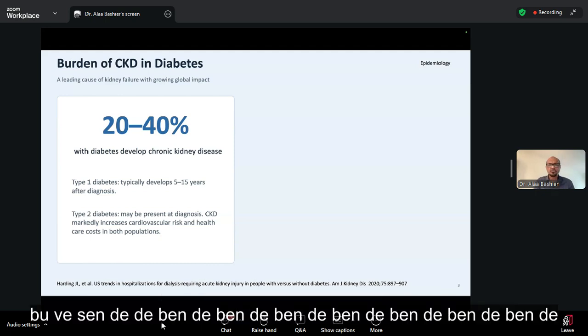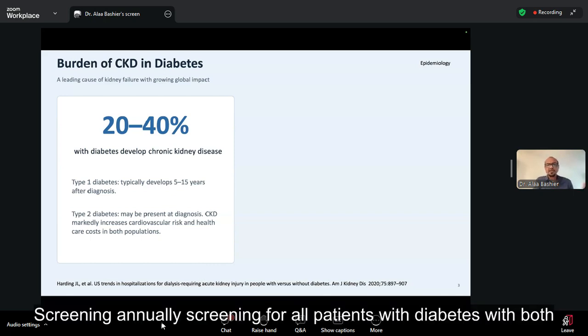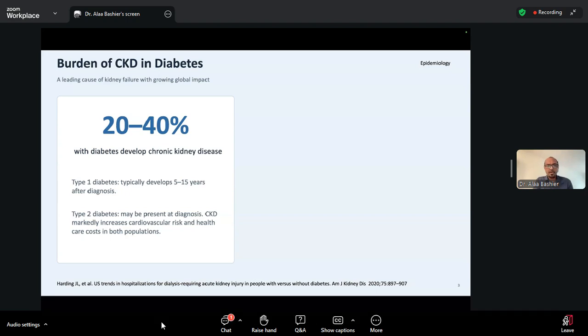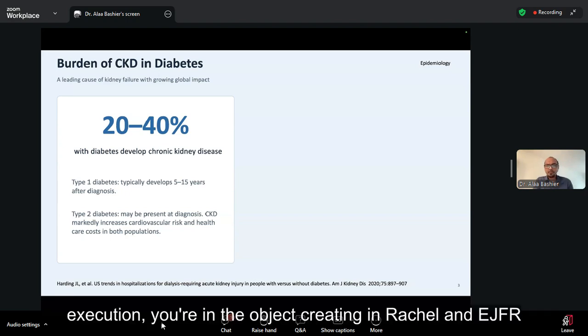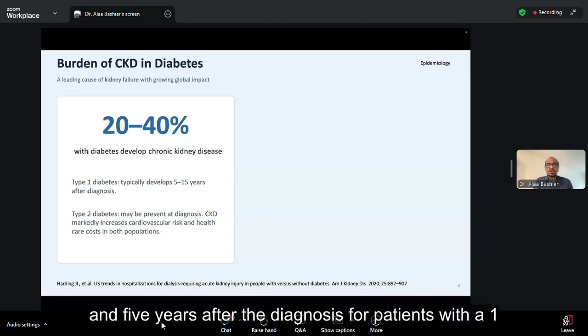For that reason, the guidelines generally recommend annual screening for all patients with diabetes with both albumin excretion, urinary albumin creatinine ratio, and eGFR. Screening should start at the time of diagnosis for patients with type 2 and 5 years after diagnosis for patients with type 1.